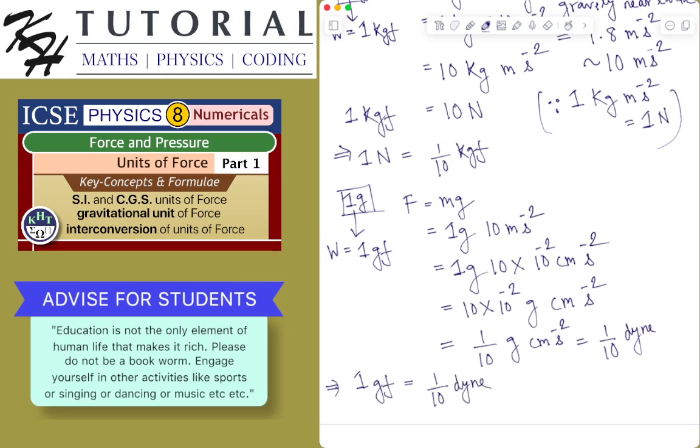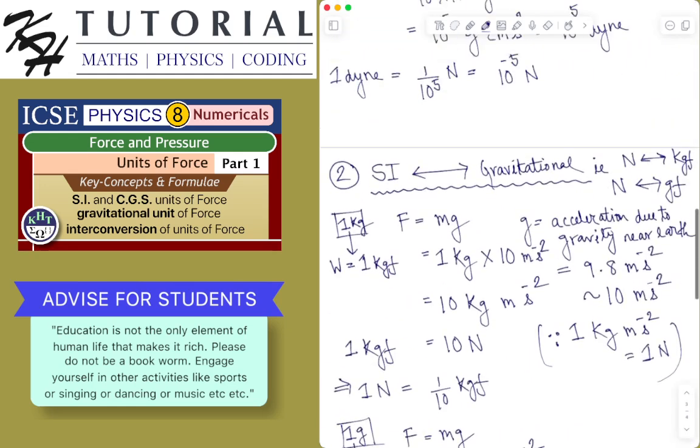Now I was trying to convert 1 gf to Newton and I landed up with dyne. Okay, no problem. So 1 gf is 1 by 10 dyne. Now I know the conversion from dyne to Newton, I forgot.